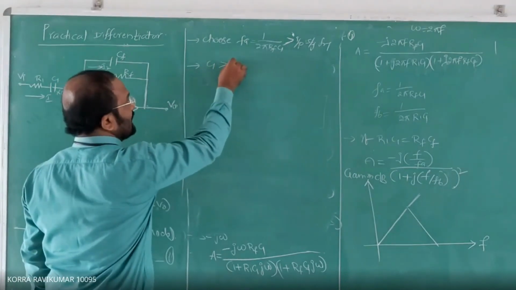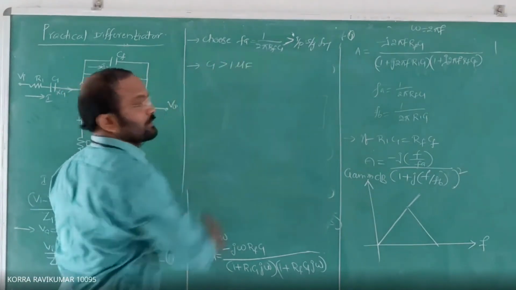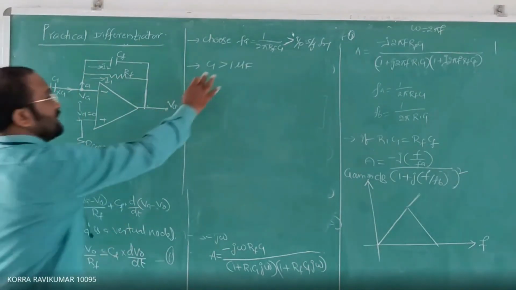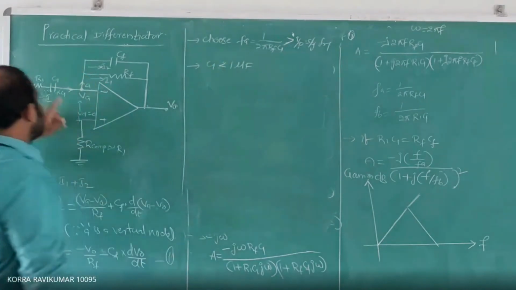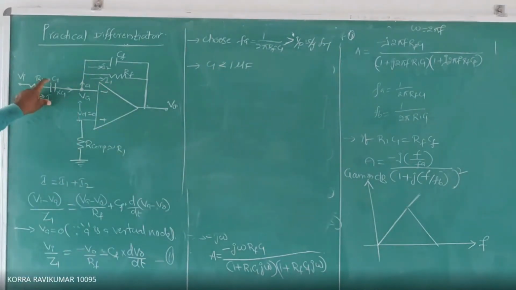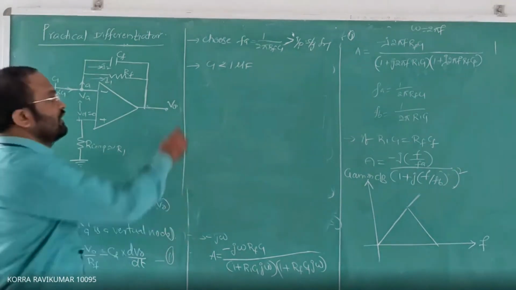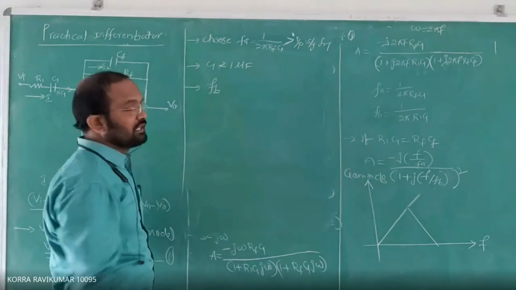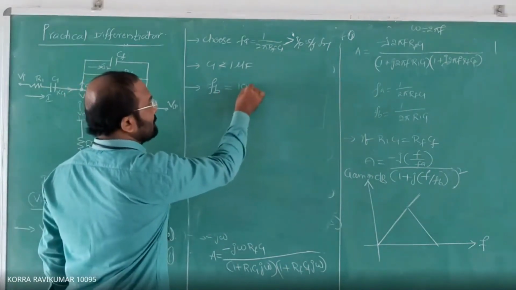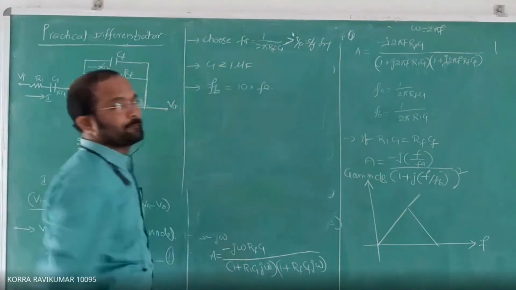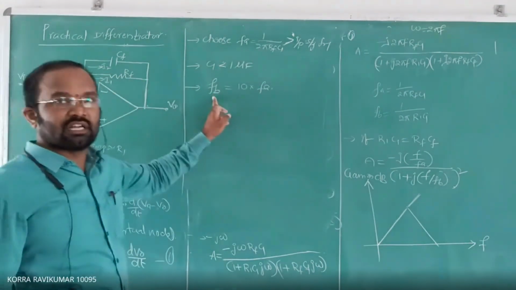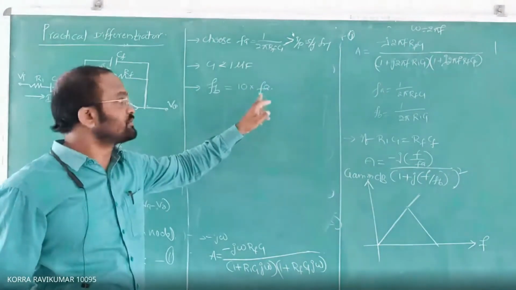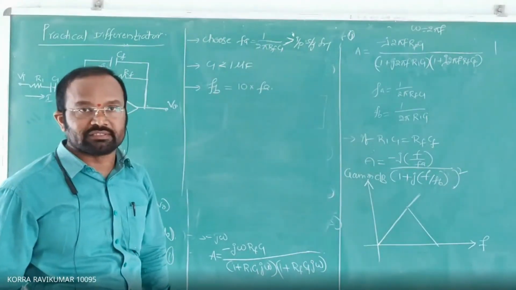The input capacitor C1 value must be, not greater than, less than 1 microfarad. Capacitor C1 value must be less than 1 microfarad. And the third point is the upper cutoff frequency fB, it should be 10 times the lower cutoff frequency fA. The upper cutoff frequency, or higher cutoff frequency, should be equal to 10 times the lower cutoff frequency.